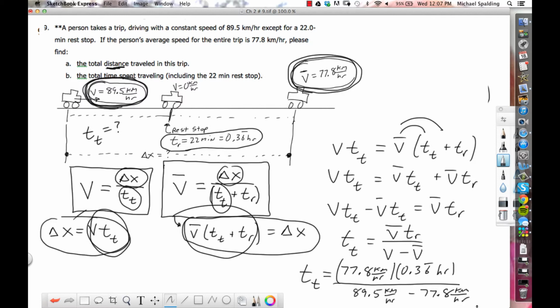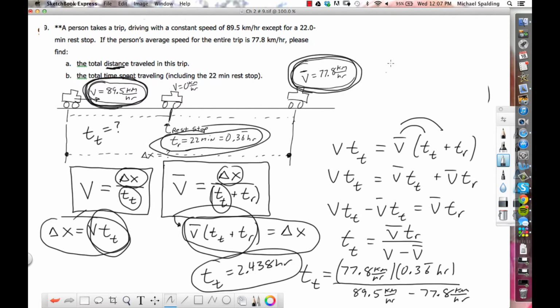So you punch this into your calculator, and you get 2.438 hours. So we come out with time of travel equals 2.438 hours.